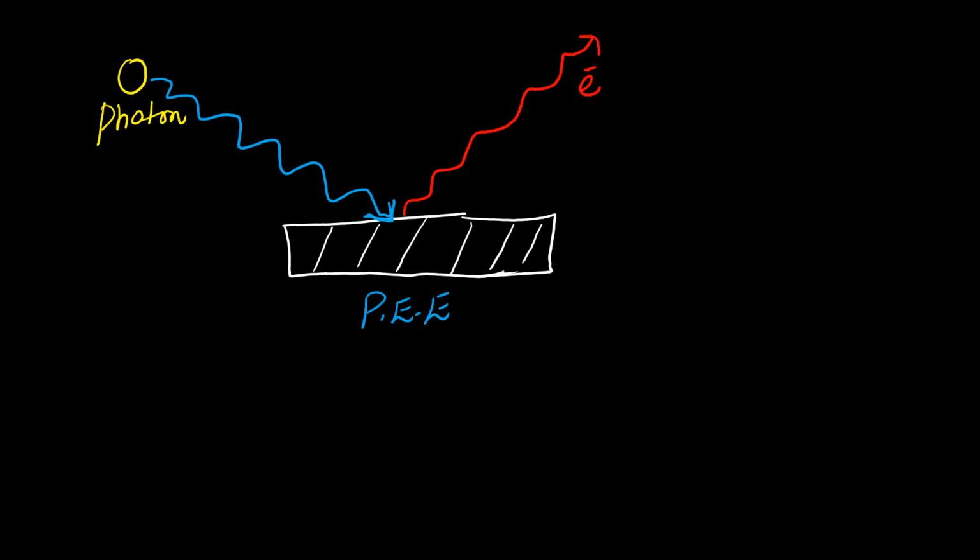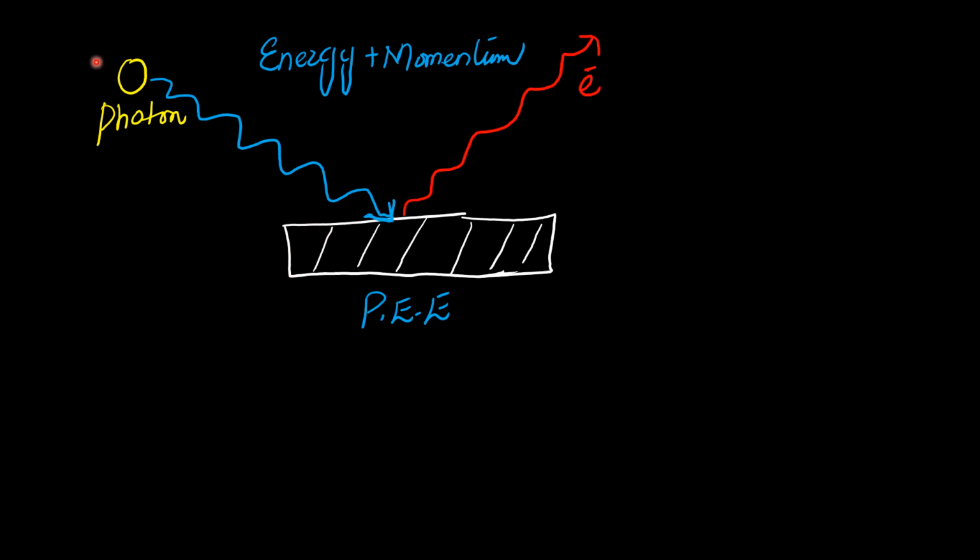So in the photoelectric effect, the total energy as well as momentum of a photon is transferred to the surface of a metal.